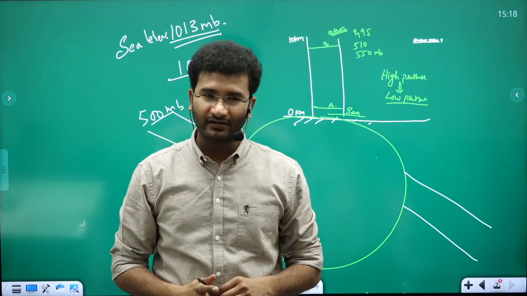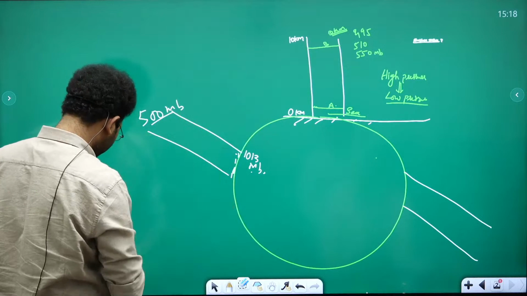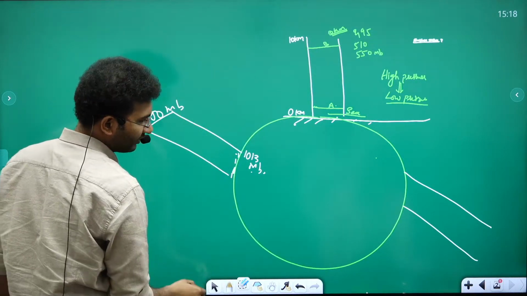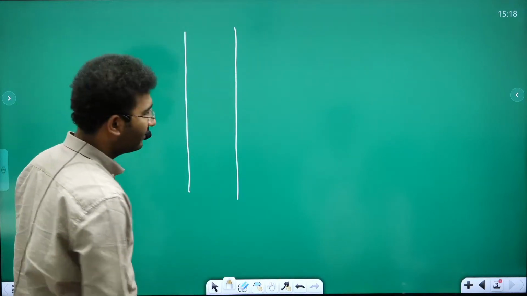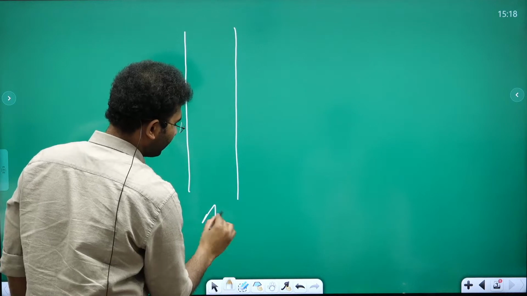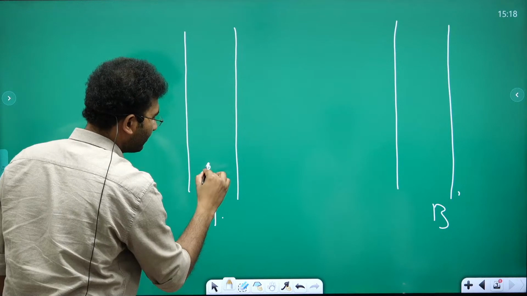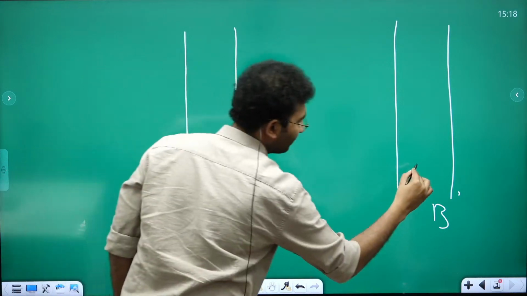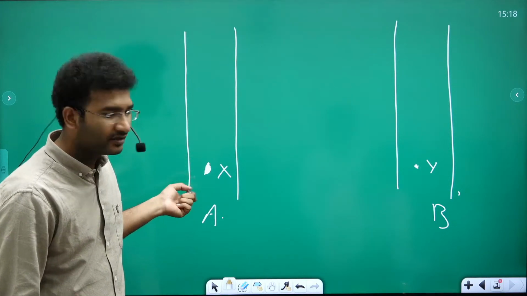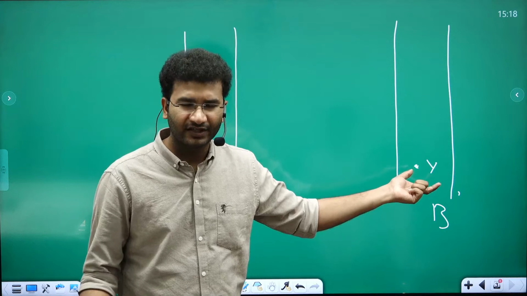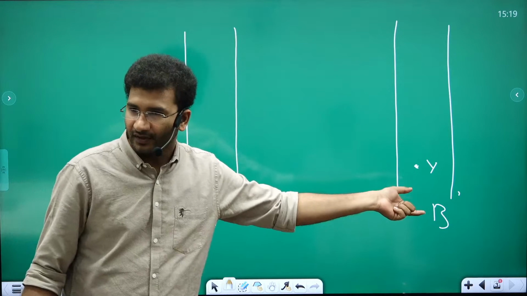No, right? Here you need to understand two things. These pressures are of two different types. You can study these pressures as vertical pressure, and when you compare, if this is A and this is B, and imagine there is a point called X and a point called Y, when you compare the difference in pressure at point X with point Y, this is called horizontal pressure, right?